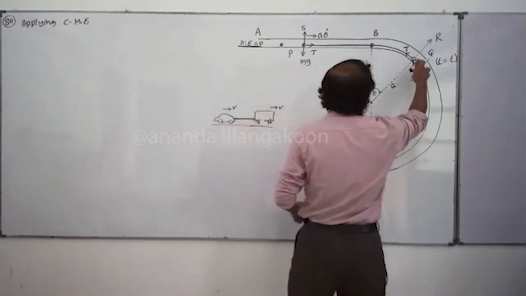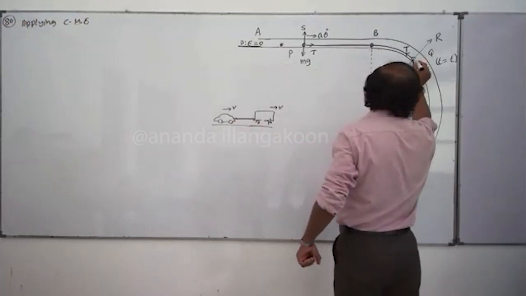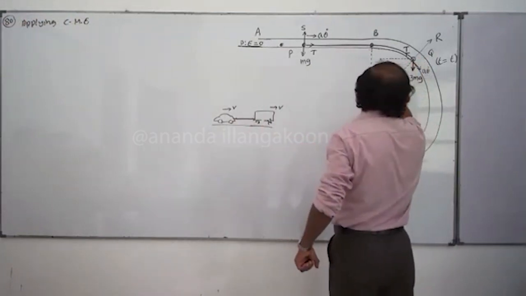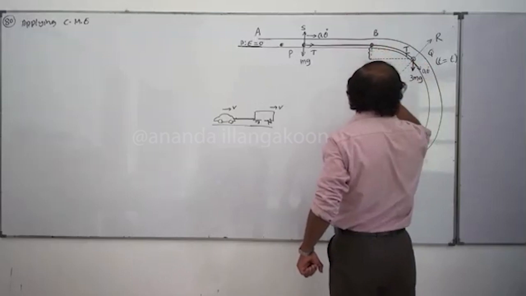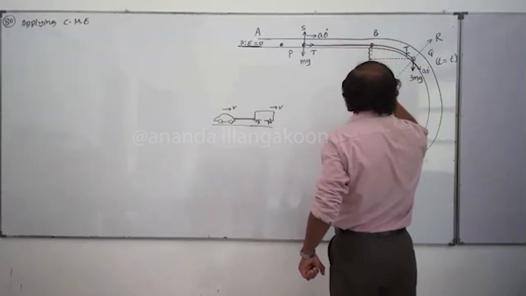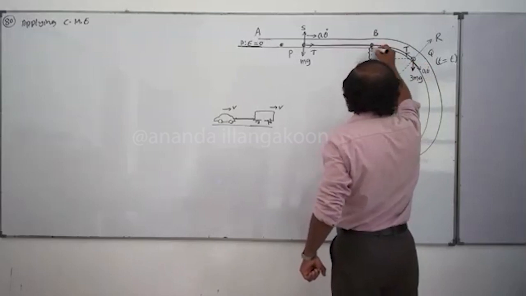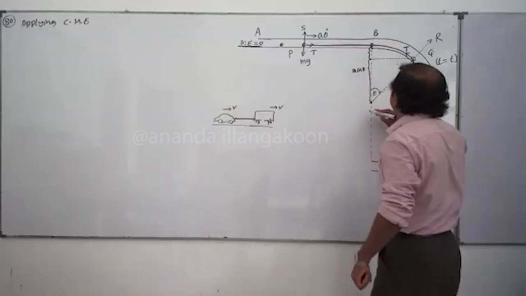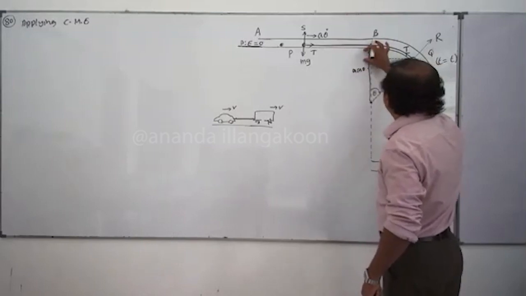Here we have kinetic energy and potential energy. This is the depth now. This is a cos theta. From here to here, it's a. From this a, when you subtract a cos theta, we get a minus a cos theta.